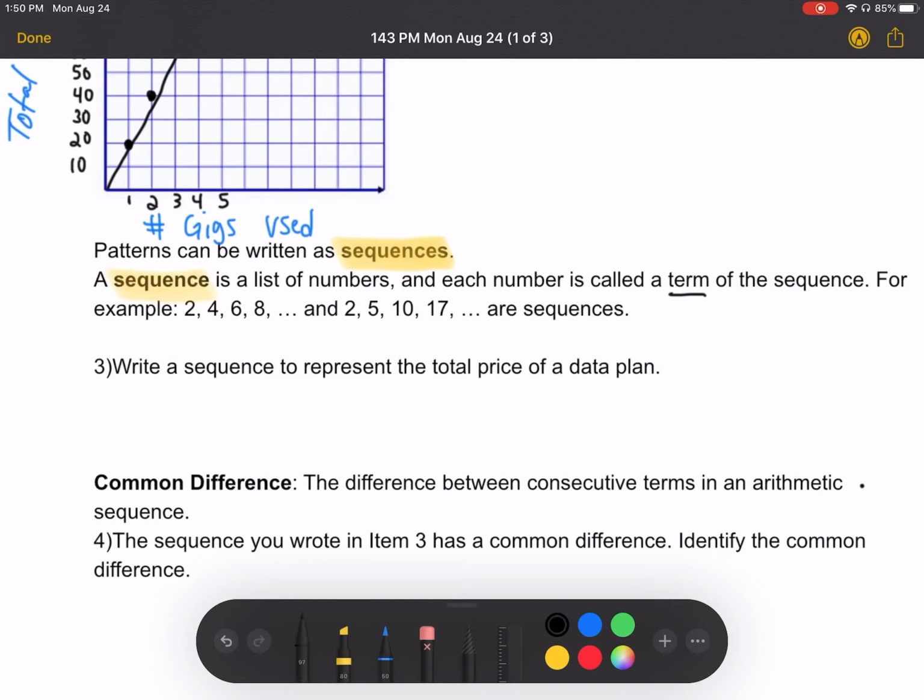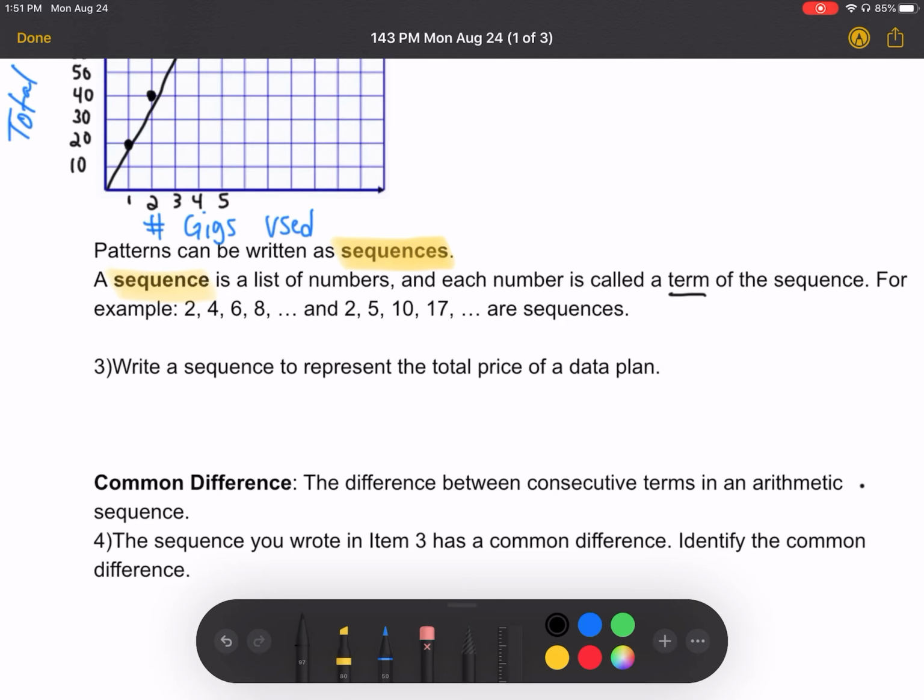This first one, 2, 4, 6, 8, is going up by 2s. And 2, 5, 10, 17 is going by 3 here, 5 here, and 7 here. We can see that 3 to 5 is 2, 5 to 7 is 2. So the number that we're adding is going up by 2 every time. So there is a pattern there.